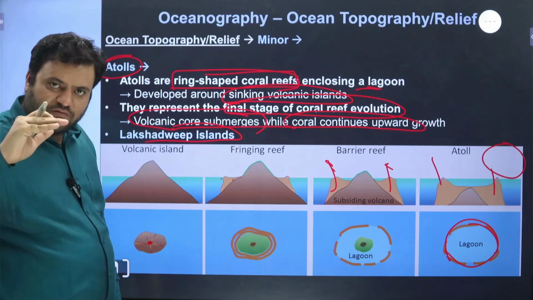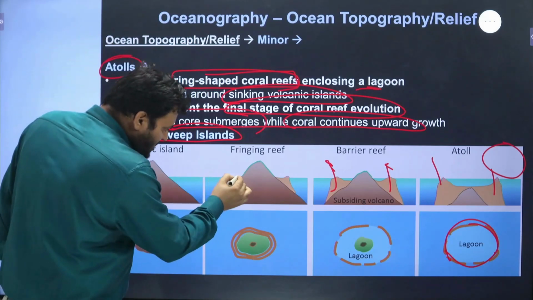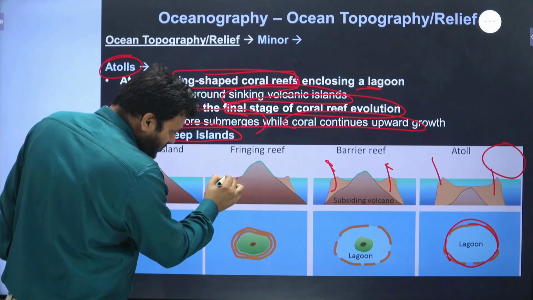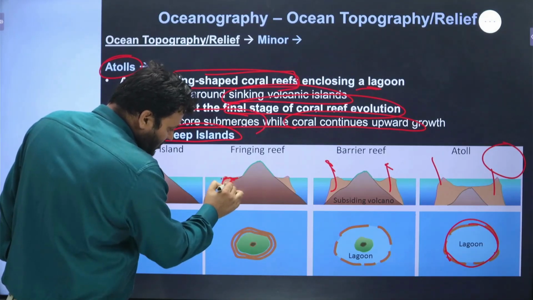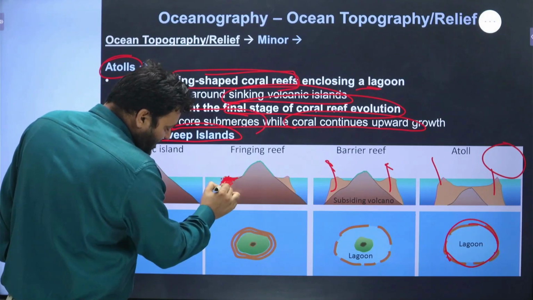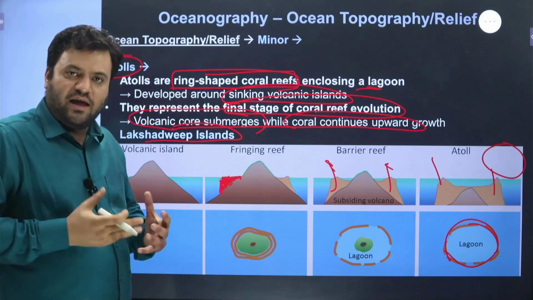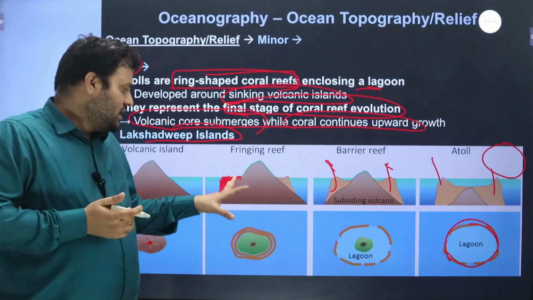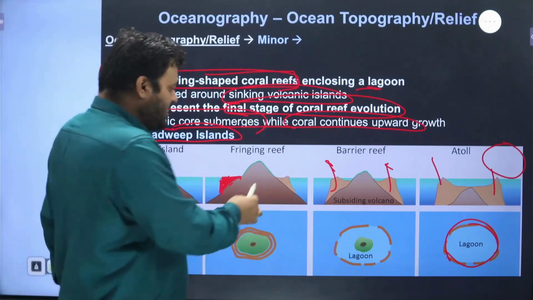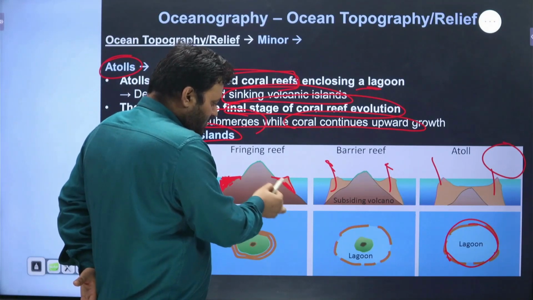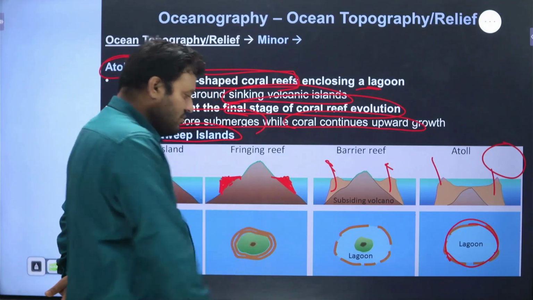In order to survive, they stick to the shallow water, on this particular volcano, or let's say land part in the sea. And when they die, they remain stuck. The calcium carbonate remains on these volcanic mountains.